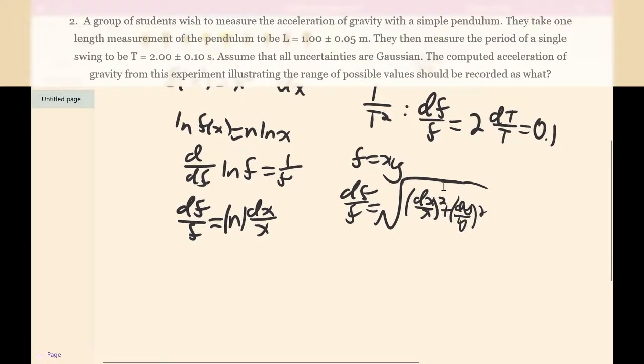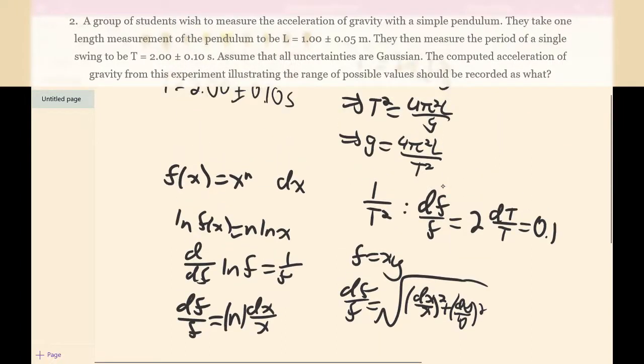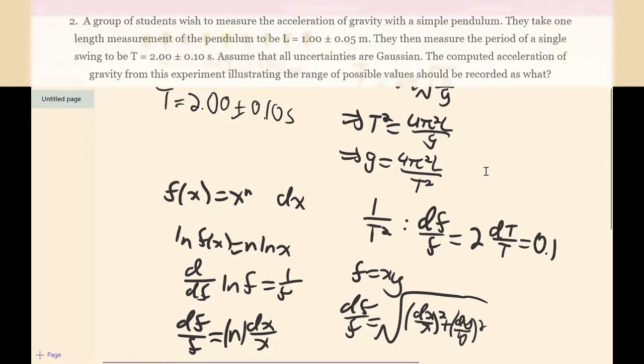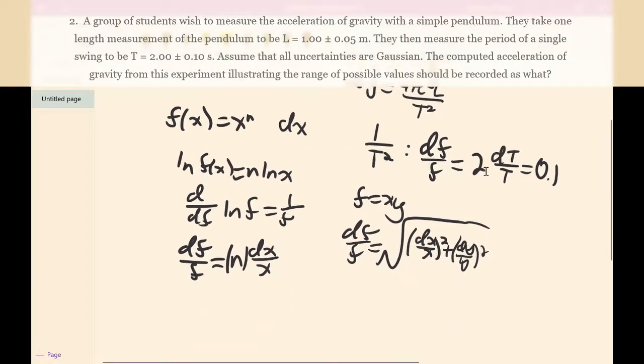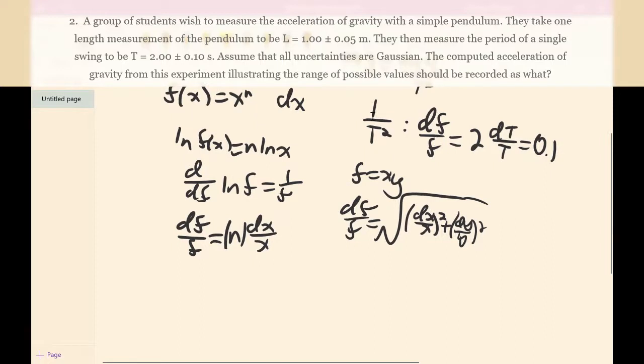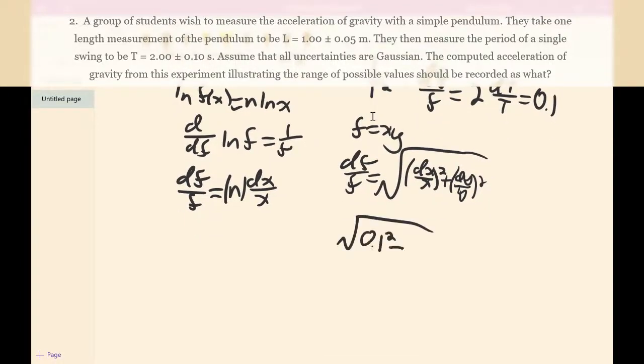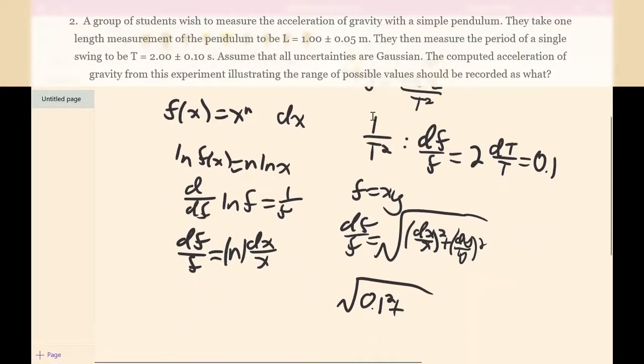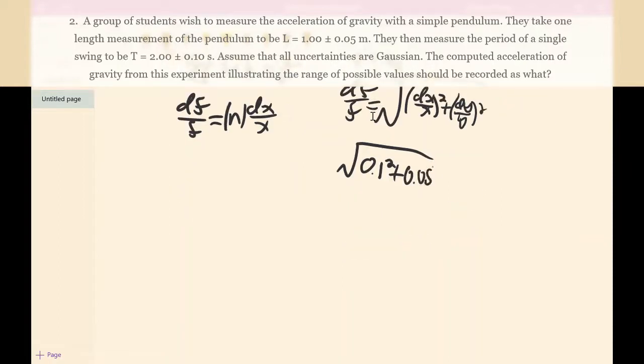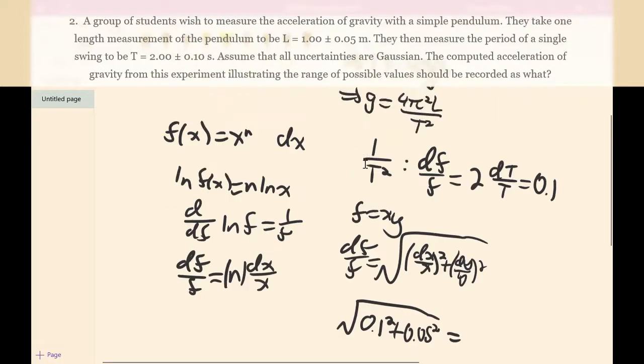Here we have L and T squared. We already figured out the relative uncertainty for 1 over T squared, which is 0.1, so it is 0.1 squared plus the uncertainty in L, which is 0.05 squared. This is the relative uncertainty for the entire function g.